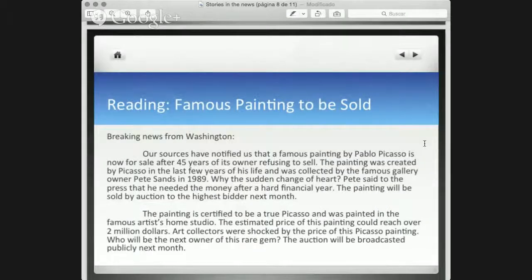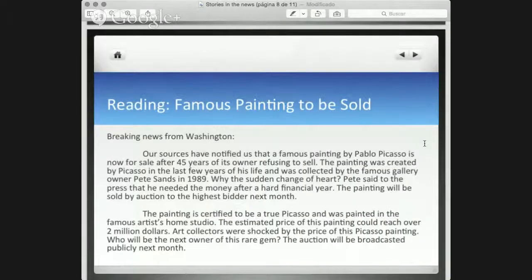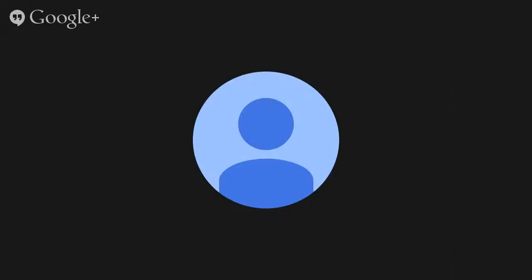Why the sudden change of heart? Pete said to the press that he needed the money after a hard financial year. The painting will be sold by auction to the highest bidder next month.